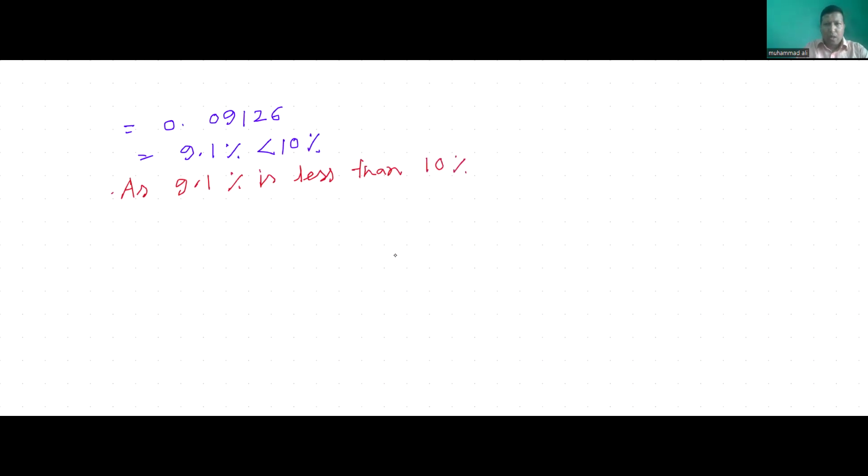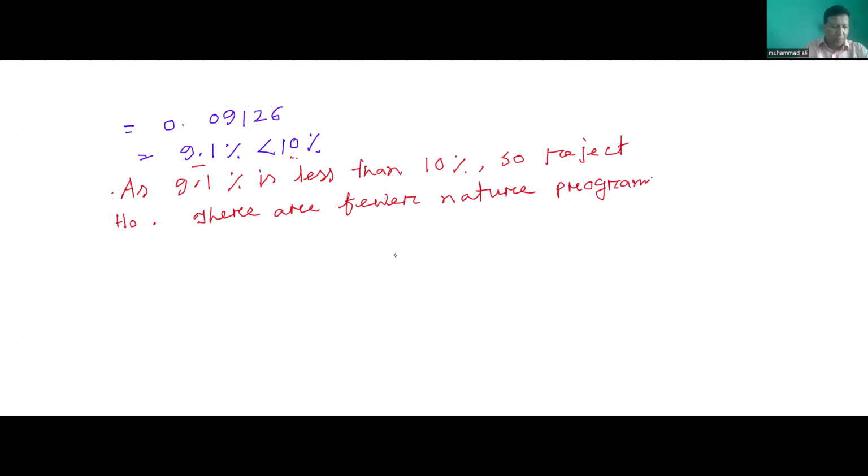So reject H0. If this value is less than the significance level we are given, so reject H0. So there are fewer nature programs.